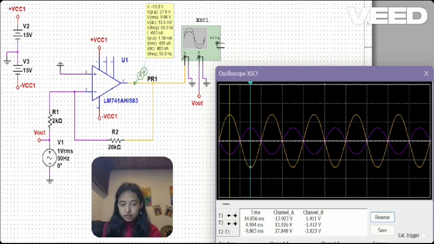The feedback resistor is connected between the output terminal and the inverting terminal. The non-inverting input is always going to be connected to ground. And we have here power supplies of plus 15 volts and minus 15 volts. For verification, we do it with an input signal of 1 volt at 50 Hz. We should get an output signal of minus 10 volts with an amplitude of 10 volts on the oscilloscope.